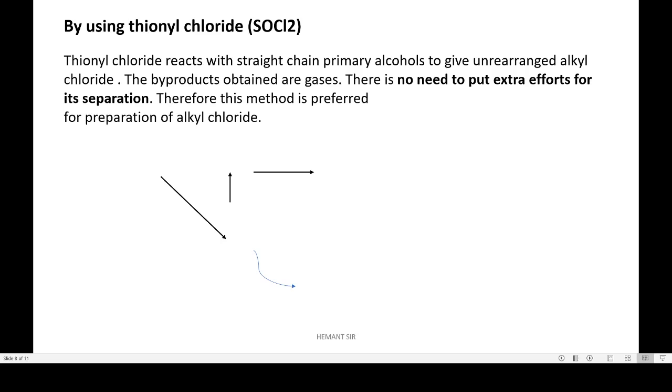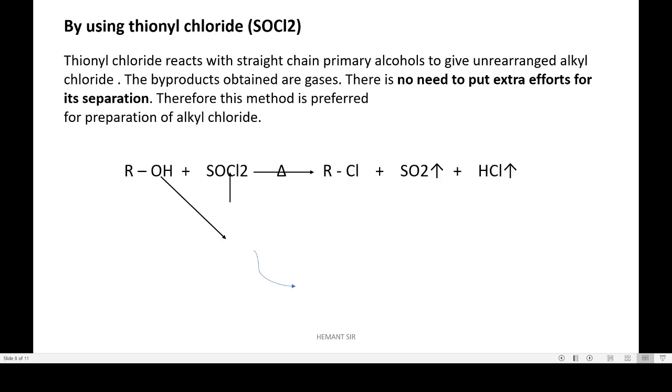There is no need to put in extra effort for their separation because both are gases. Hence, there is no need for extra effort to separate the alkyl halide from the other byproducts. Therefore, this method is preferred for the preparation of alkyl chloride.